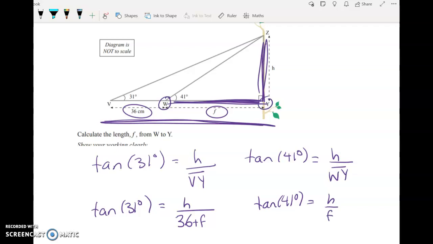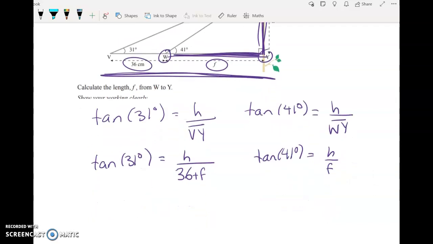So if you look at those two things for a minute, what we can try and do is to say that two things are equal to each other. If I rearrange, I can get an expression for h in the big triangle, and I can get an expression for h in the small triangle. So we're going to have this 36 plus f times whatever number tan of 31 degrees is equal to h.